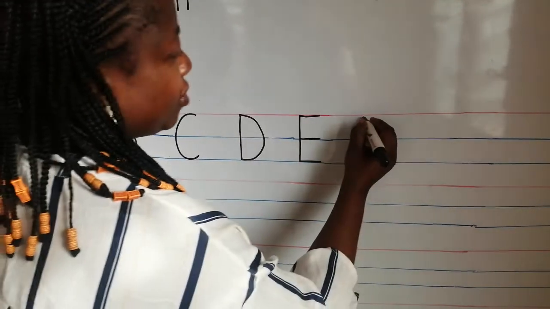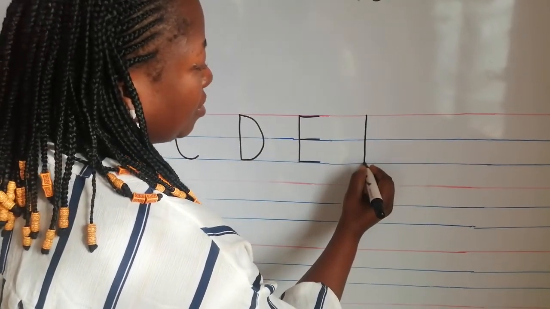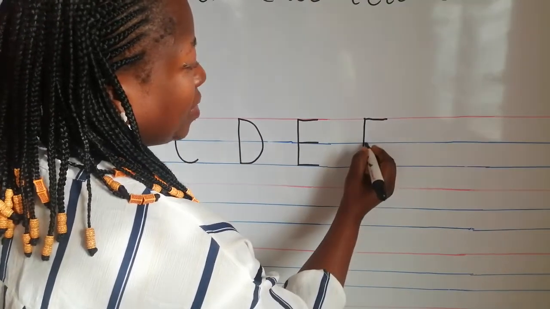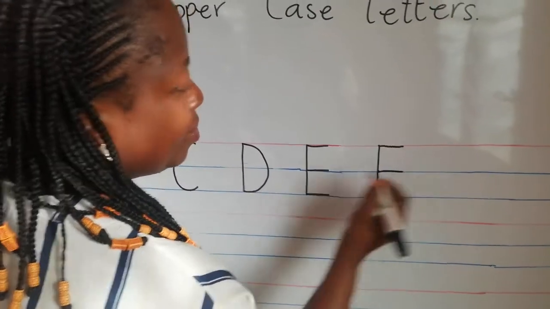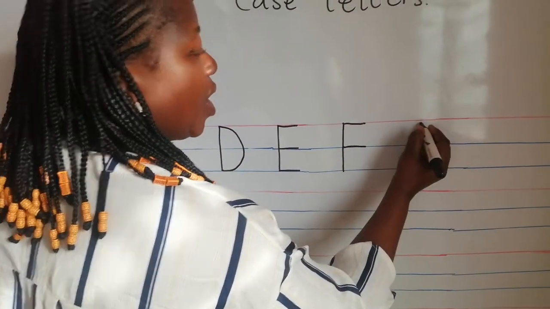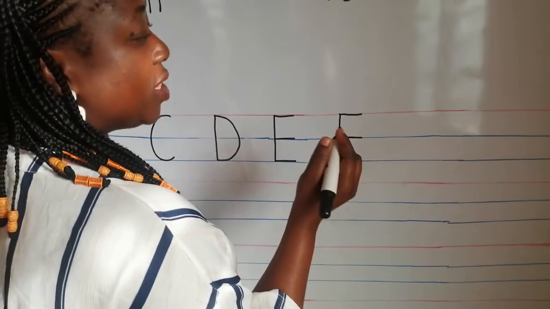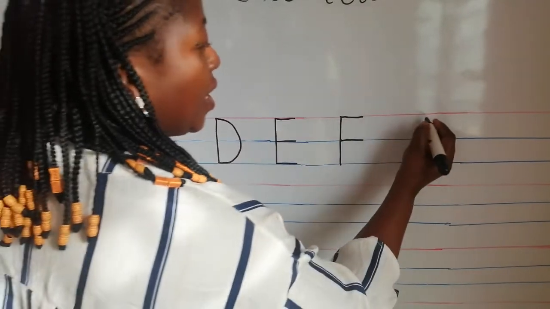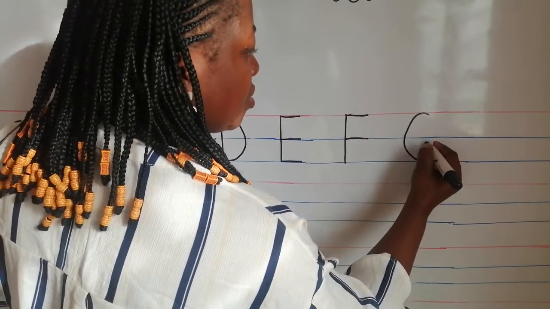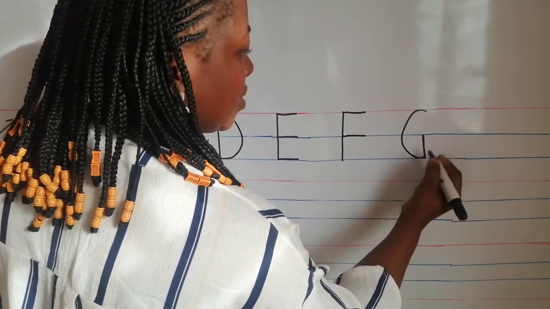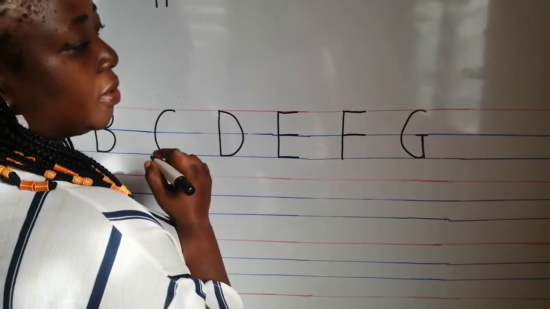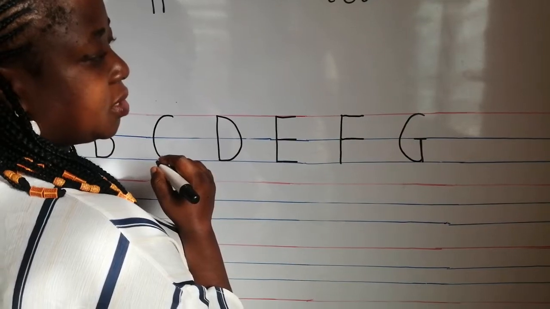Our F also the same way, a stroke down, across or a sleeping line, another sleeping line. Now we want to write G. Now the G begins with a curve out, a stroke up and down, and then a sleeping line there or across.